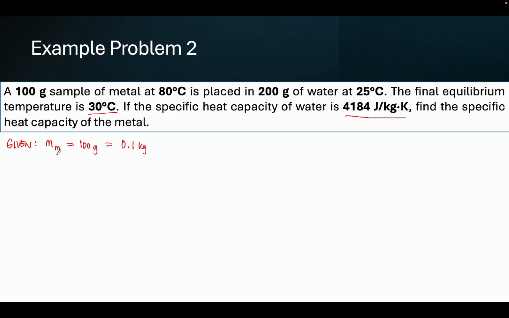And we also have the initial temperature of the metal at 80 degrees Celsius. Okay. And then we also have the mass of the water, M sub W, which is equal to 200 grams, or it is equivalent to 0.2 kilogram. And this is for the metal, and then the initial temperature for water is at 25 degrees Celsius.